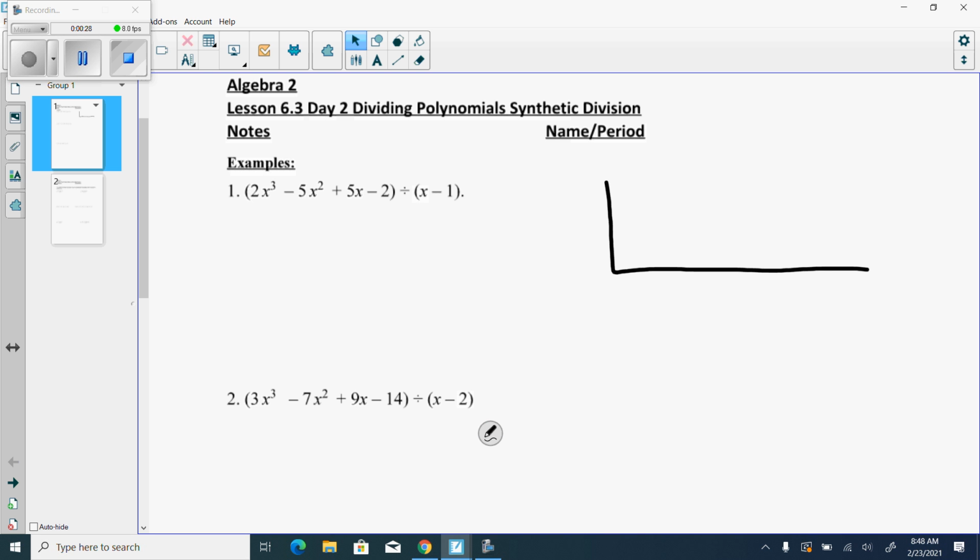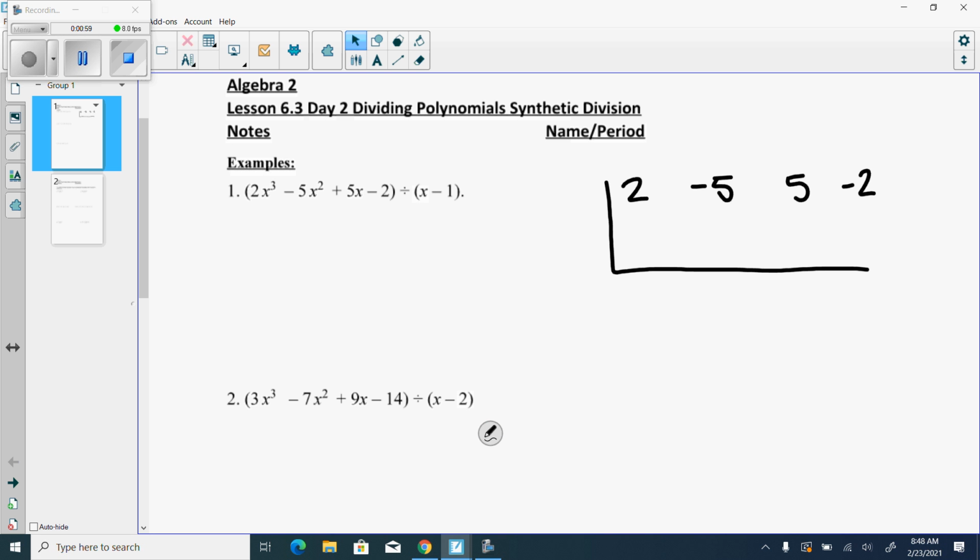So the coefficients here are, what do I have in front of x cubed? 2. And then in front of x squared, -5. And in front of x, 5. And then my constant is -2. Right?